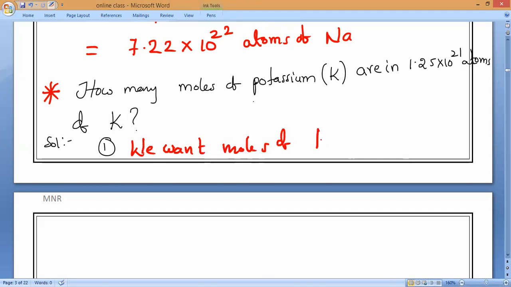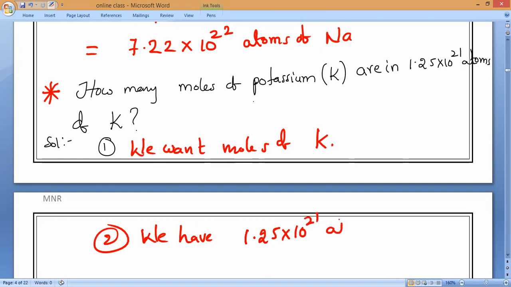Step 2, given: what is given? We have 1.25 into 10 power 21 atoms of potassium. Now the third one, factor apply.